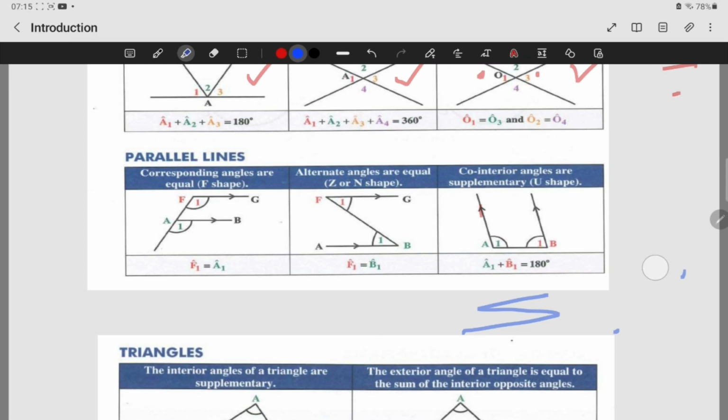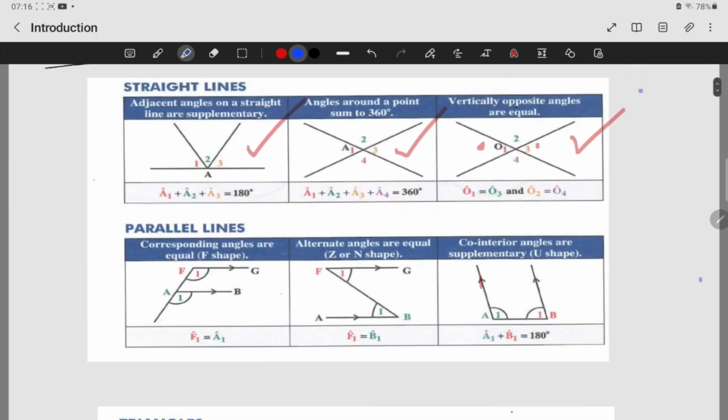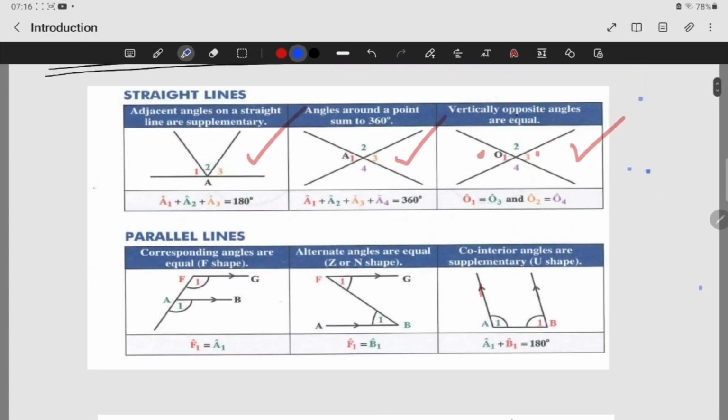You just need to be helped by your eyes to be able to spot these things. And the U could be like that, or it could be like that. So now we know that if you've got parallel lines, angles that form an F are going to be equal.